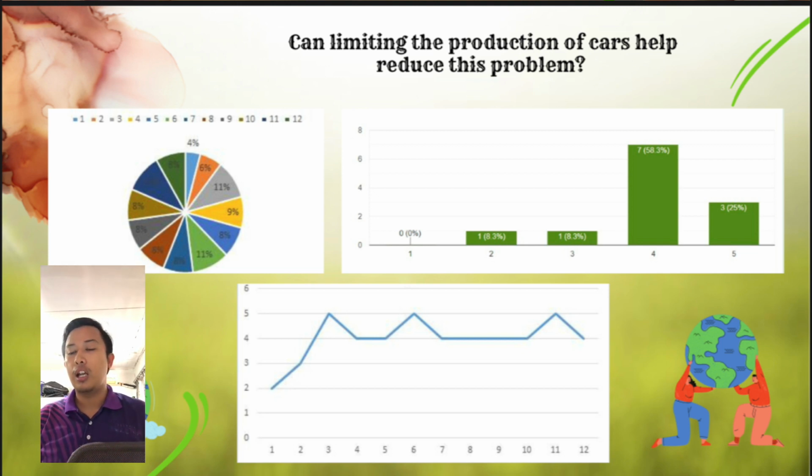Students don't choose disagree because it is actually a good thing, limiting the cars reduces the problem. And then, as we look at the pie chart, 4% is the total of questions that are not answered. The highest one is actually 11%.